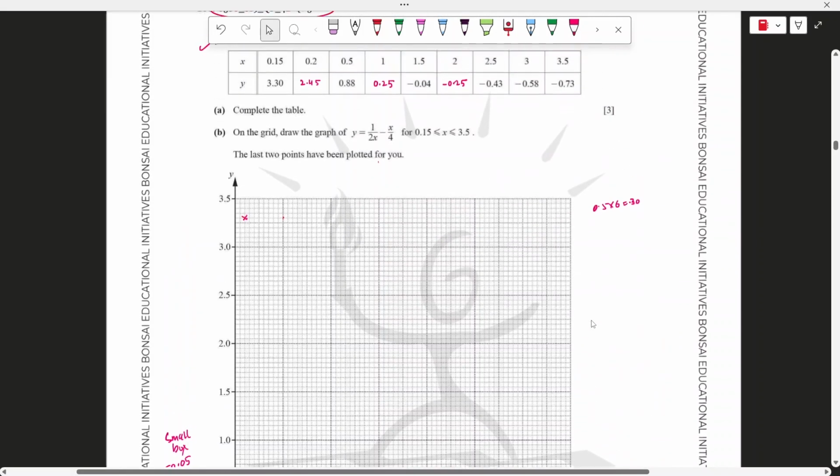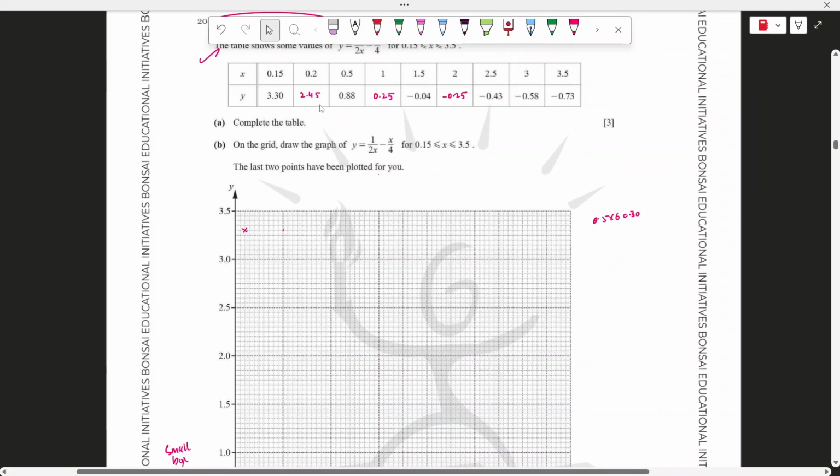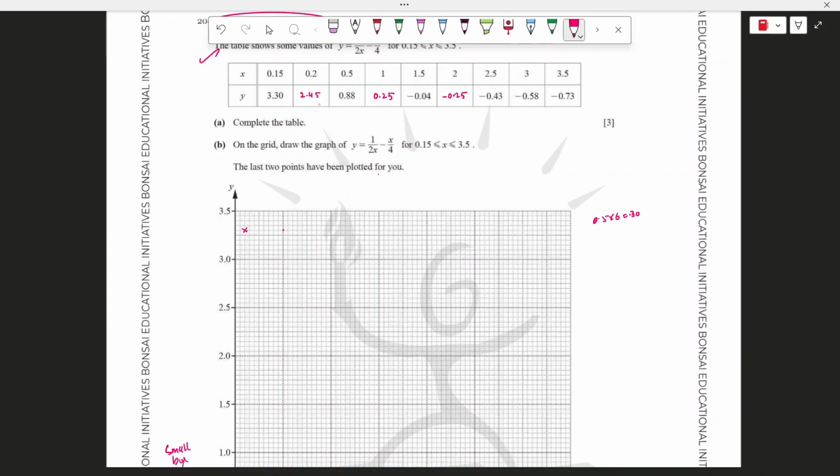And what is 2.45? 2.45 means 2 and 0.45 divided by 0.1, so approximately 4.5 boxes.